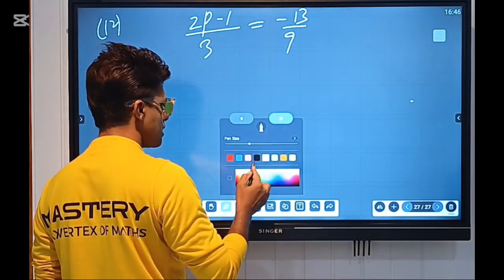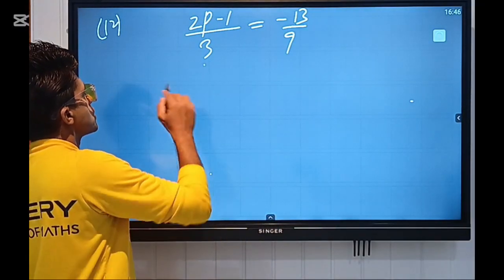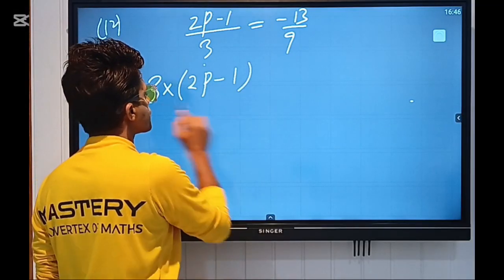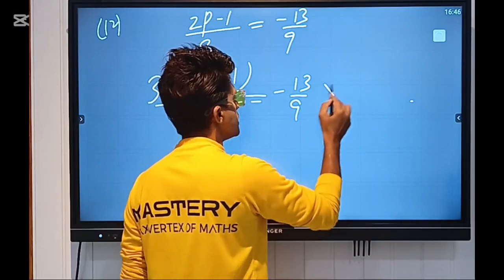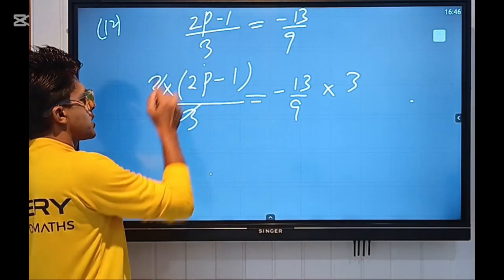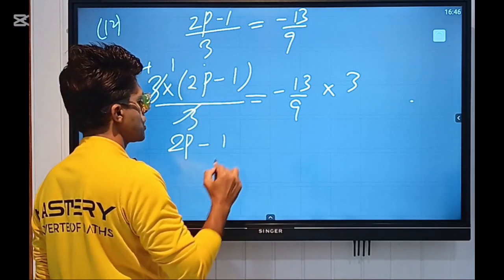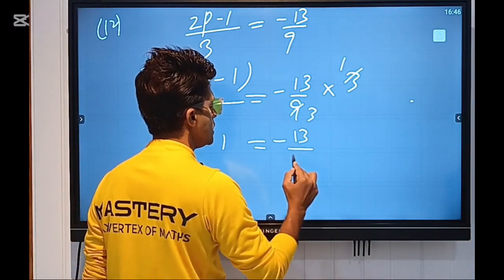But when you see here 3, here 9, you could multiply using 3 on both sides anyway. Firstly 2p minus 1, here 3, therefore multiplied using 3. Now this 3 and this 3 can be cancelled out. 1 into 2p, plus times minus 1 into 1. Then 3 times minus 13 over 9.